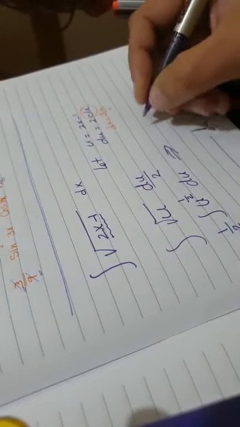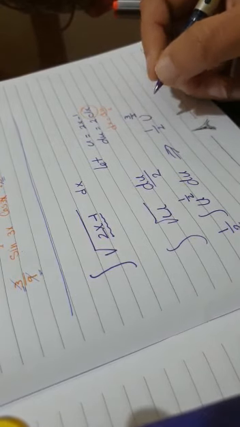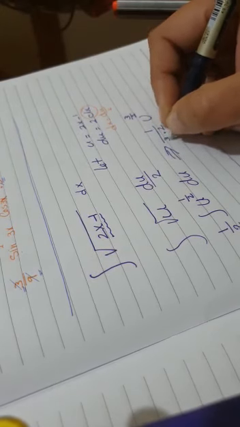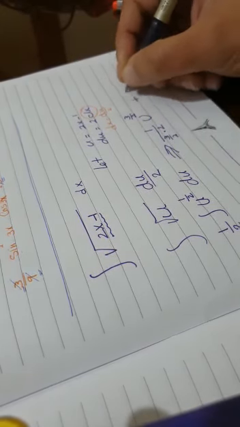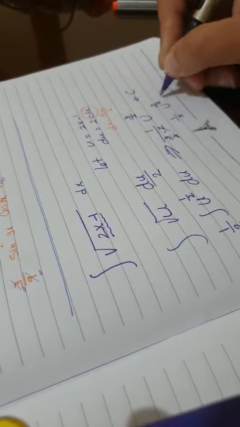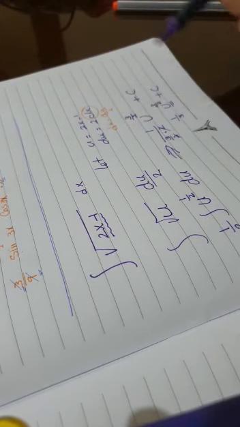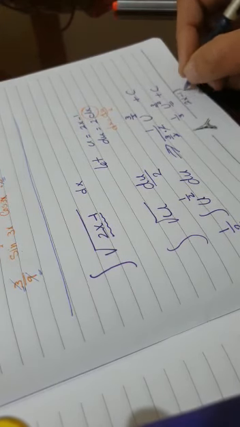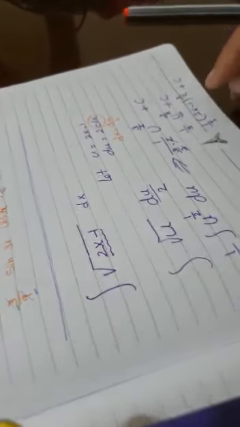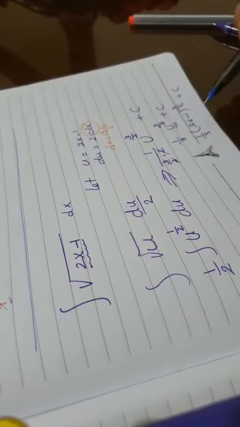Let's integrate: 1/2 u to the power 3 over 2, and we have to divide by the new power, which is 3 over 2, plus c. 2 with 2 gives 1/3 u to the power 3 over 2 plus c, and then substitute by the u value, which is 2x minus 1, to the power 3 over 2, times 1/3, plus c. And also using the chain rule, you can check your answer.